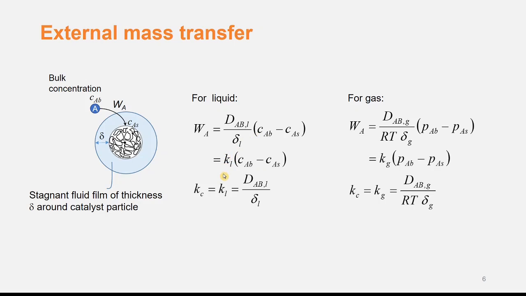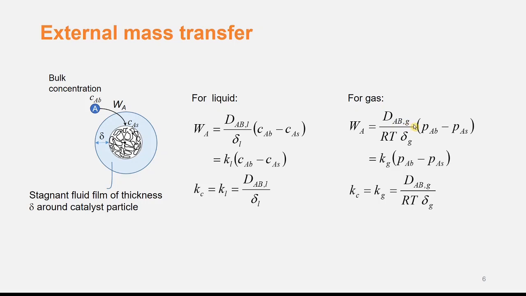So for liquids, we have KL equal to DABL, so the diffusivity of A in the liquid, divided by the thickness of the film, delta L. For gases, it's just the same thing, but with the gas diffusivity and gas concentrations.